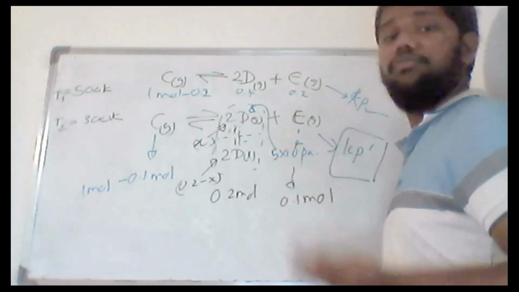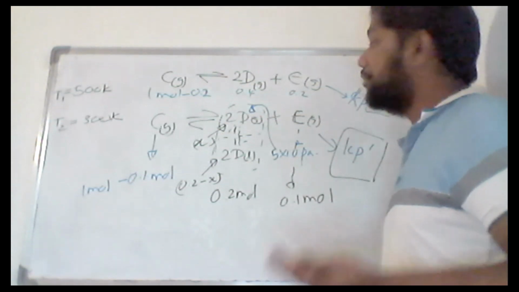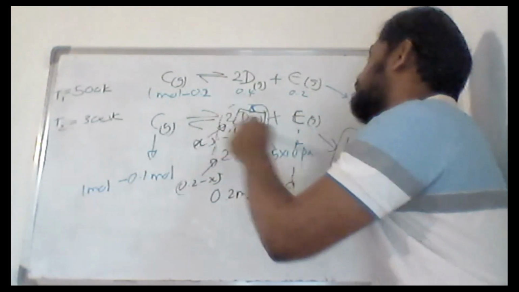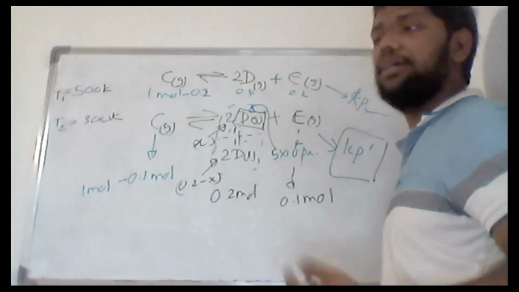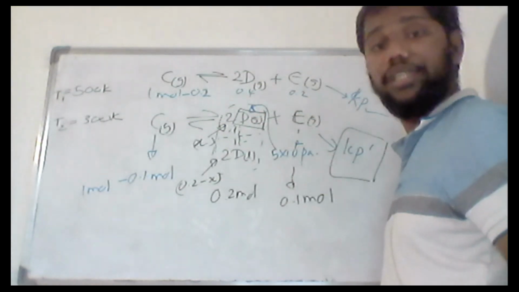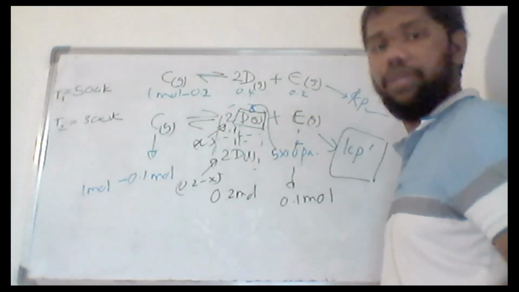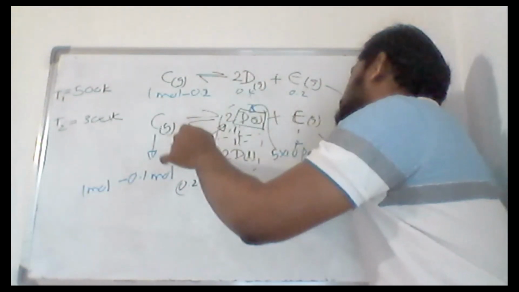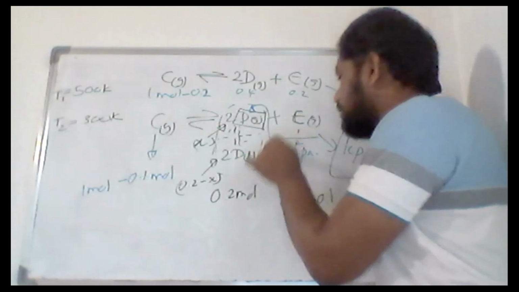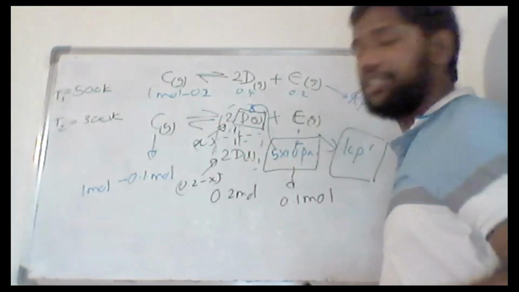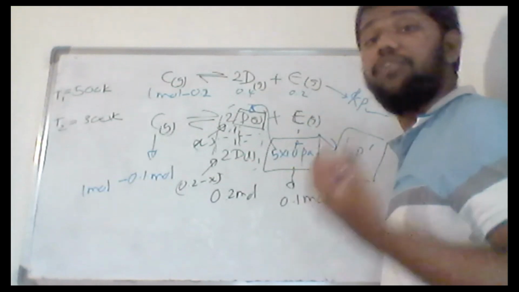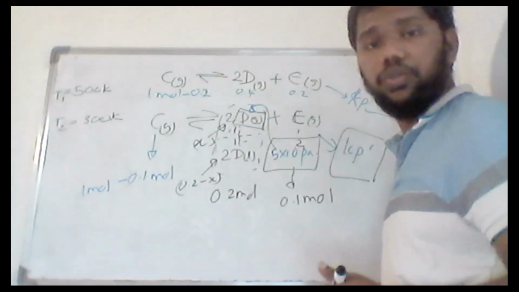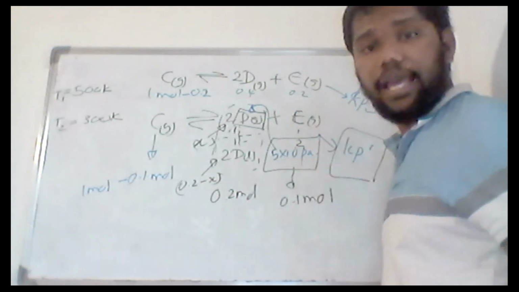So whatever we do, we just need to know the partial pressure of D gas in order to plug that into the Kp equation. You don't need to know the value of X because they have given the saturated vapor pressure of D as 5 into 10 to the power 2.